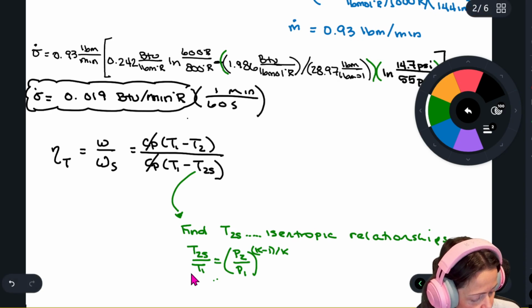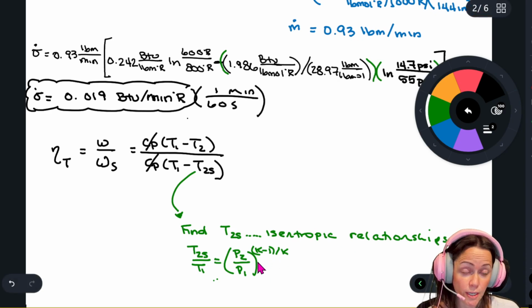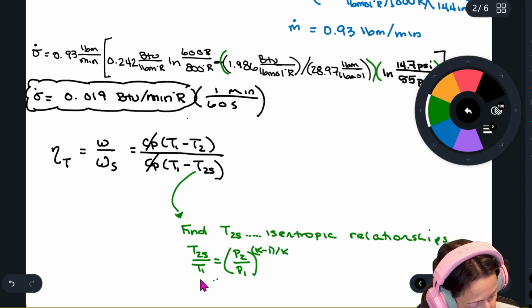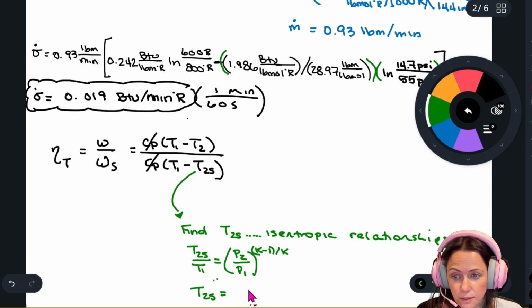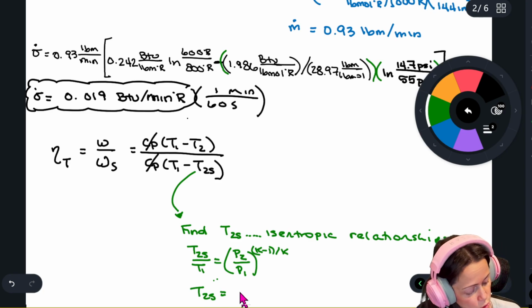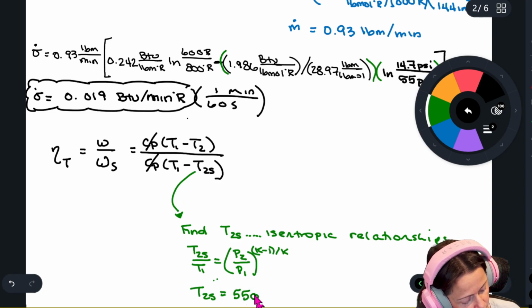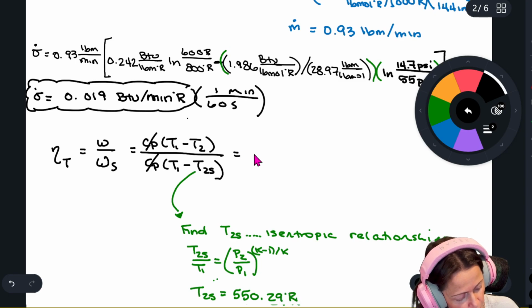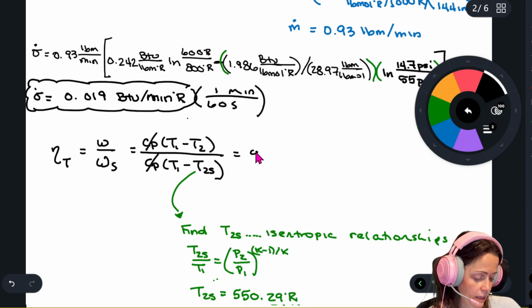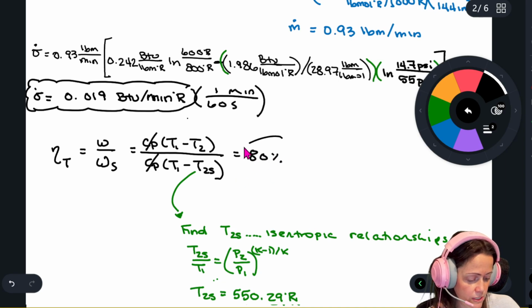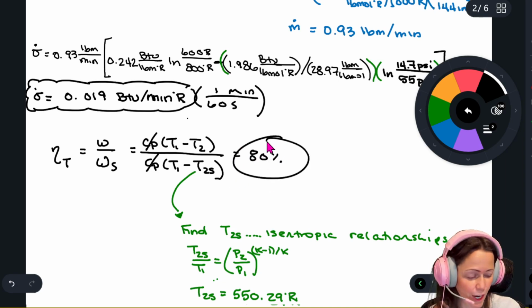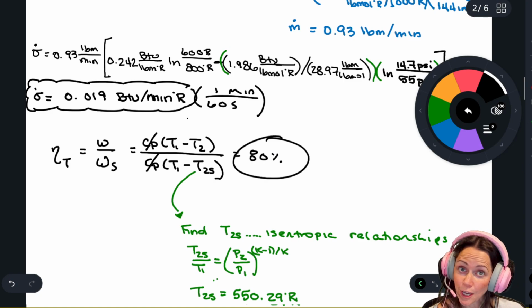Make sure that you plug those temperatures in as degrees Rankine, otherwise you're going to get a wrong answer. I've got a T2S value of 550.29. And if we plug that in, we end up getting an isentropic efficiency of 80%. Hope that was helpful. Let me know if you have any questions.